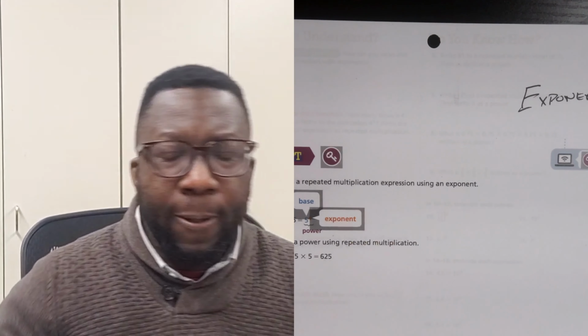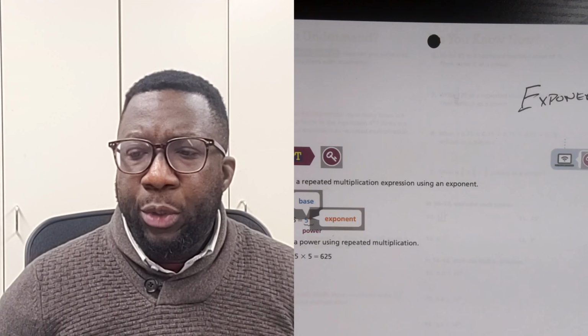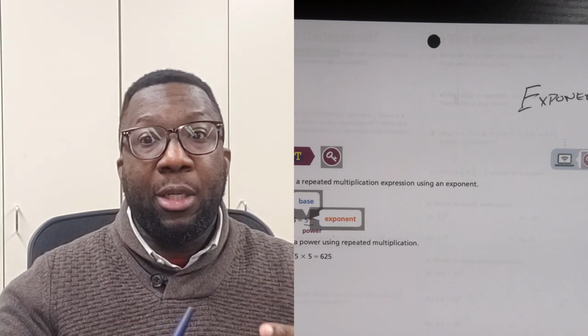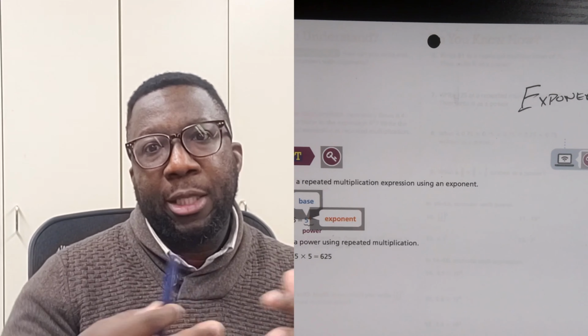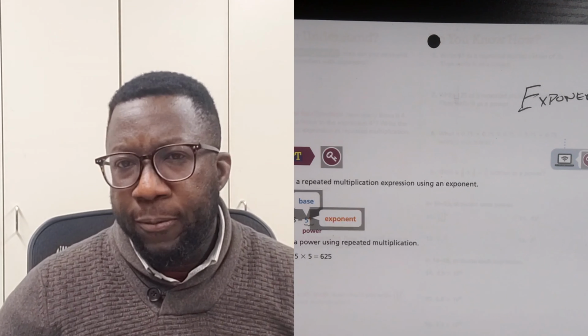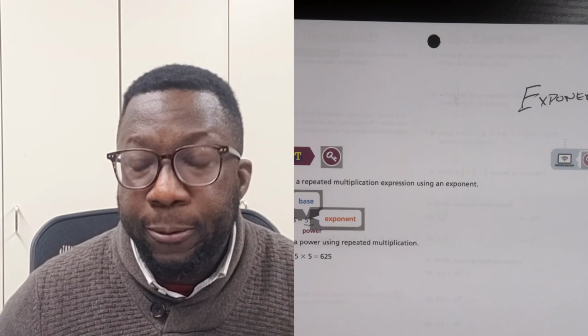Exponents are a way to represent multiplication, where you're using a base and then the exponent. The base is the number that you are multiplying, and the exponent is letting you know how many times you are multiplying that base to itself. So what does that all mean? We have this example of 5 to the 4th power.